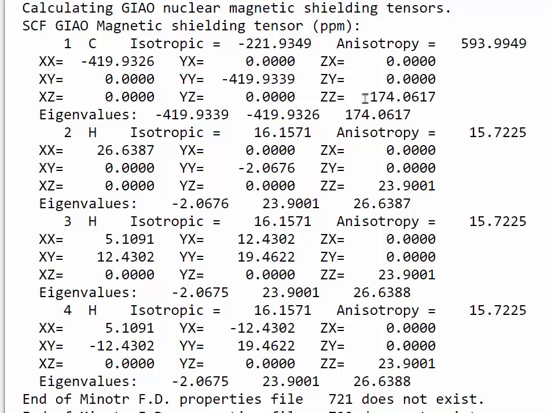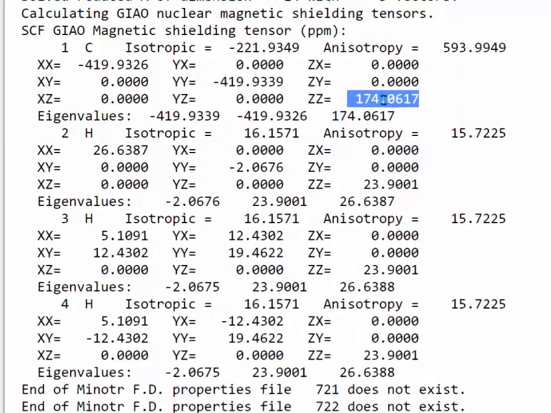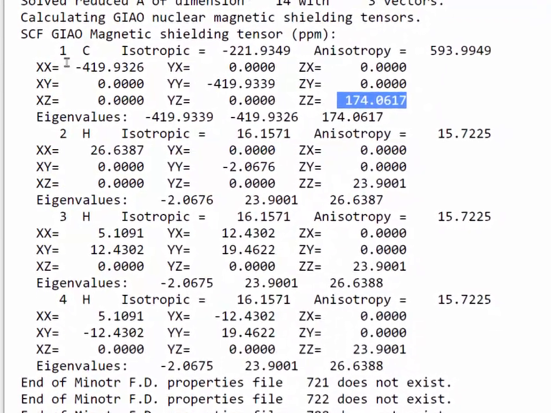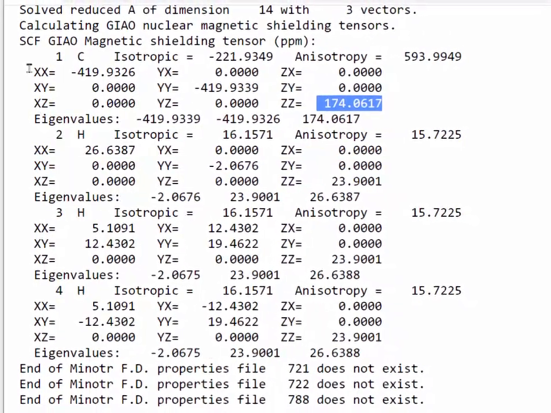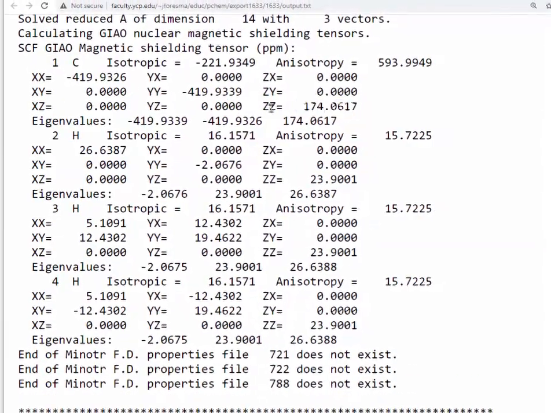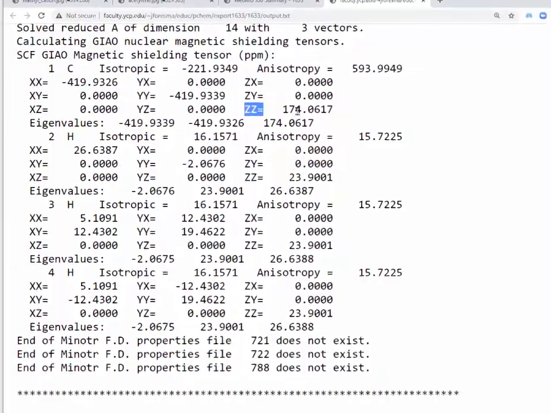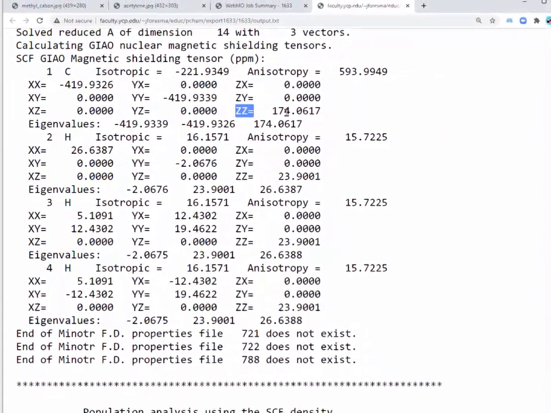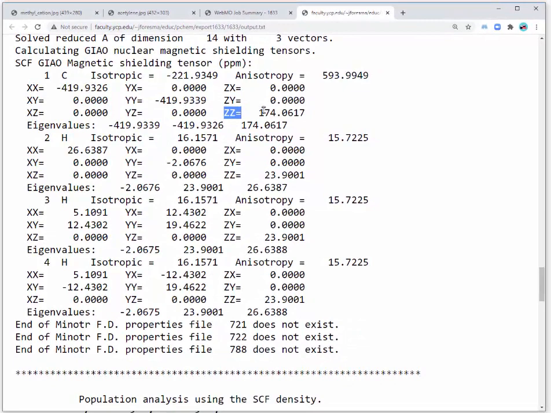And in the Z direction, a positive number. So this is telling us that in the X and Y direction, the magnetic field is going along with how the electrons are moving. But in the Z direction, the electrons are actually opposing the magnetic field. So even in methyl cation, where we said that this is a highly de-shielded case, there is at least one direction where the electrons are shielding.